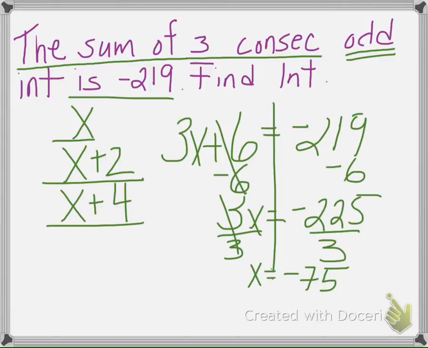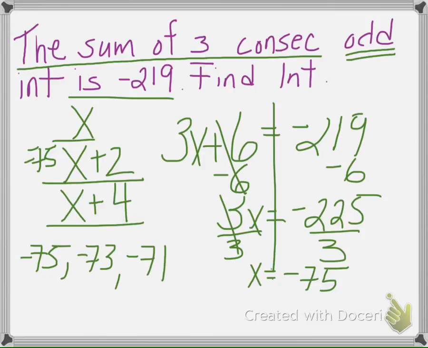Now, that's not the answer to the question, because the question said, find the integers. It's the three consecutive. Good news, 75 is odd. It's a negative 75. And if x is negative 75, what's negative 75 plus 2? It would be negative 73. And we probably already know the pattern. We're going to go down to negative 71.